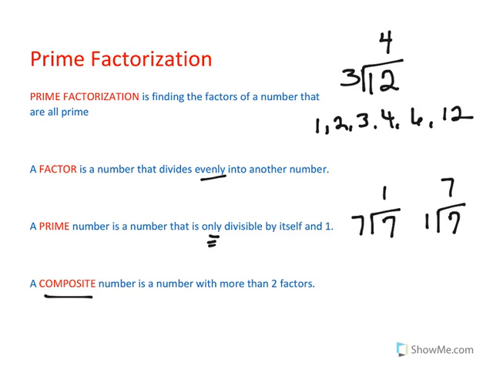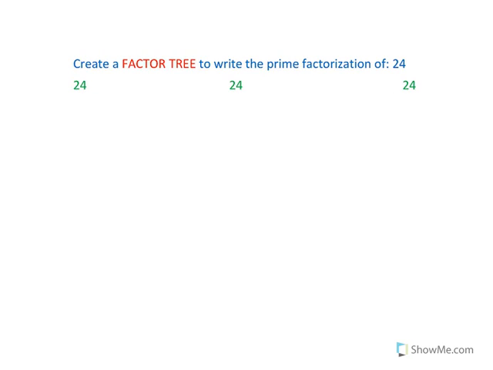All right, let's practice making some factorizations. Now, we're going to use a factor tree. And a factor tree looks like this. You say, what are two numbers that when we multiply them together we get 24? Well, let's see. It's an even number, so 2 comes to mind. 2 and 12. 2 is prime, so I'm going to circle it. 12 can be broken down into 2 times 6, again, because 12 is even.